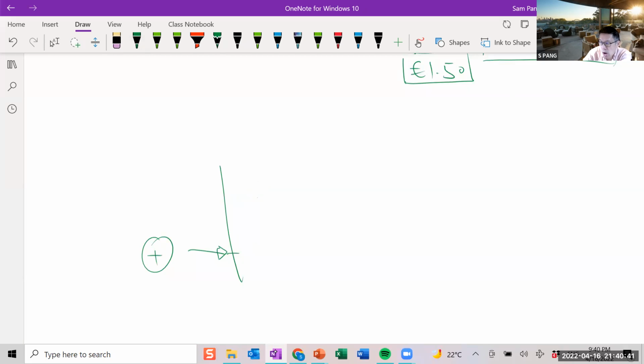Now, when you say the price goes up, it could mean it's $10 and then it goes to 12. That's going up. It could mean it's 100 and it goes to 120. That's going up.